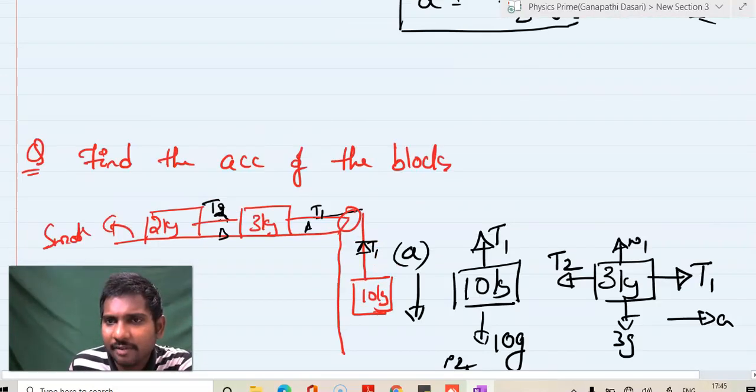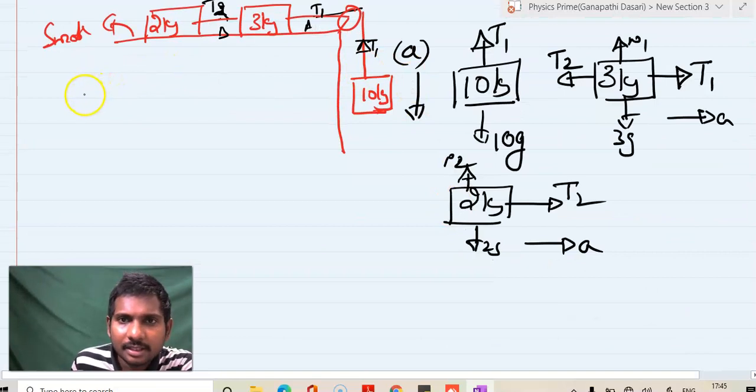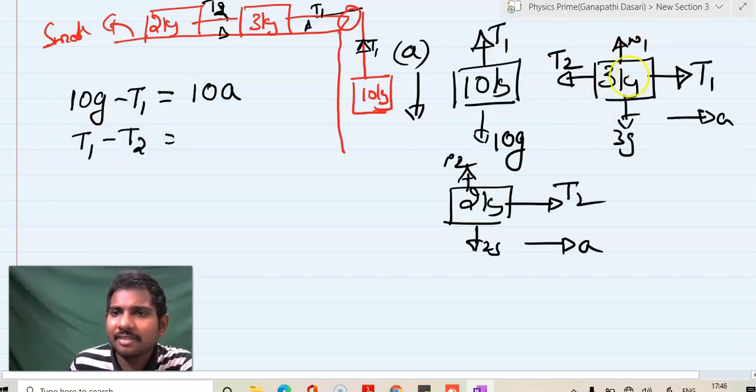So if we solve the equations for these 3 blocks, first equation, 10g minus T1 is equal to 10A. T1 minus T2 is equal to, because N1 and 3g are in a vertical direction, there will not be any vertical motion of the block here. That means N1 should be equal to 30 newtons.